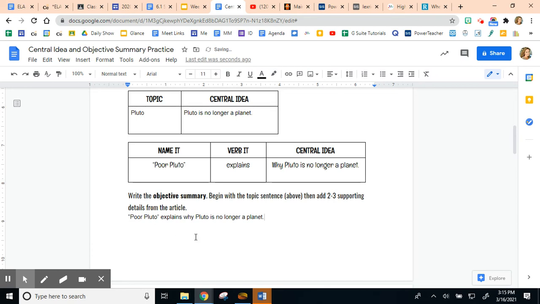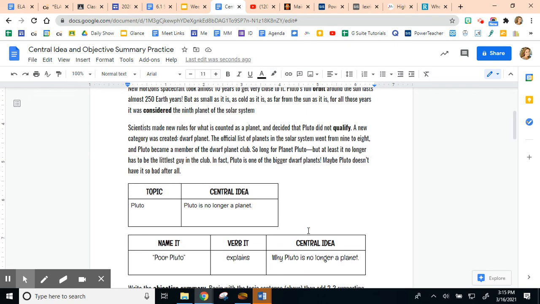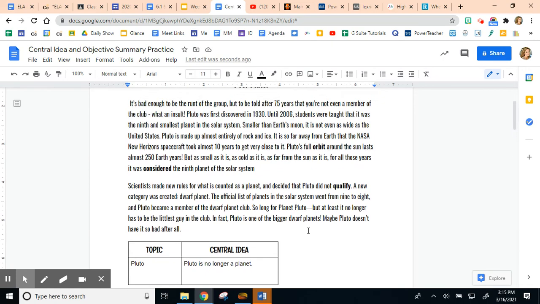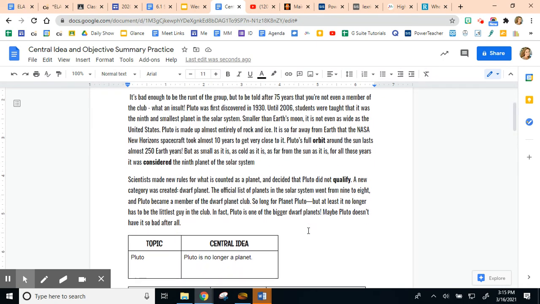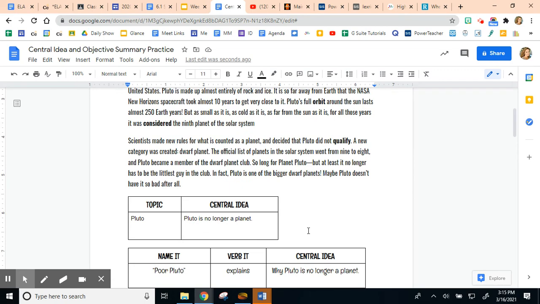There's our topic sentence. Now we need to go back into the article and find 3 details that support that topic sentence. And the first thing I'm going to be looking for is in the first paragraph. I would say that it was a planet for 75 years.